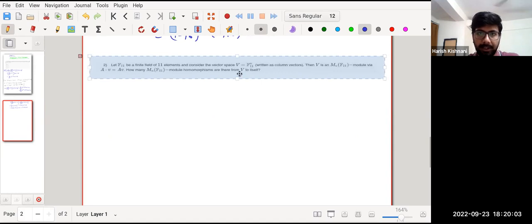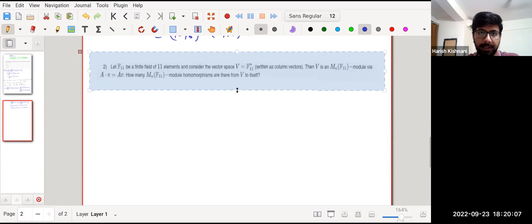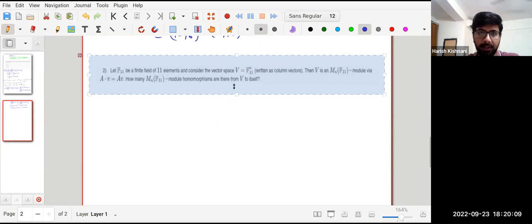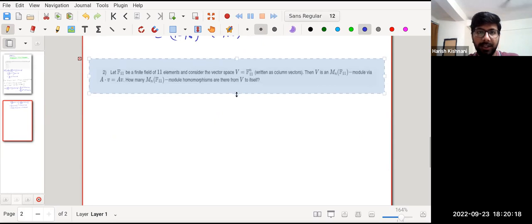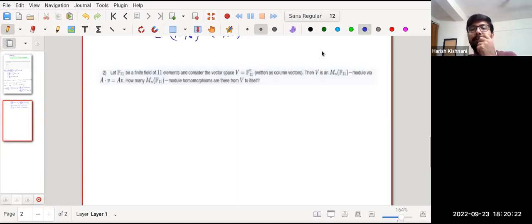So it says let F11 be a finite field of 11 elements and consider the vector space F11^n, means it's just the n column vectors with each entry in F11, and then V is an M_n(F11) module via A dot v is just A multiplied with v. So let's first understand the module structure.